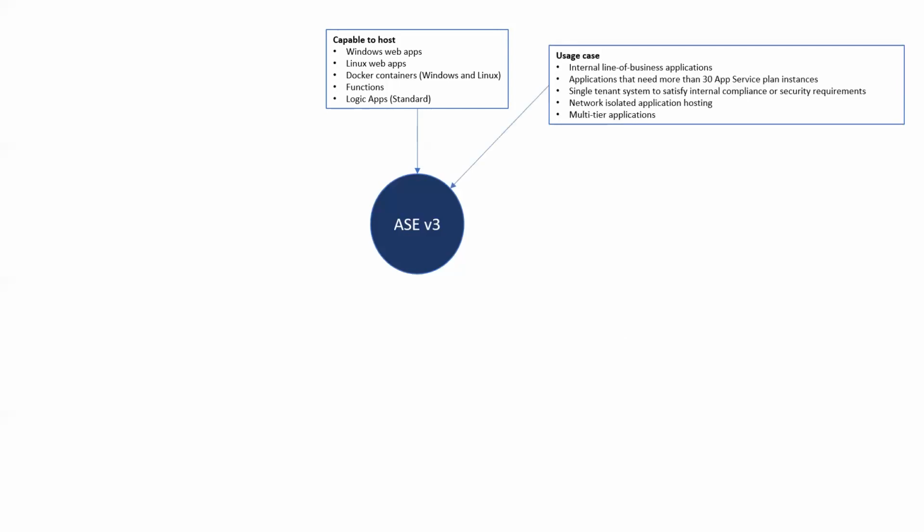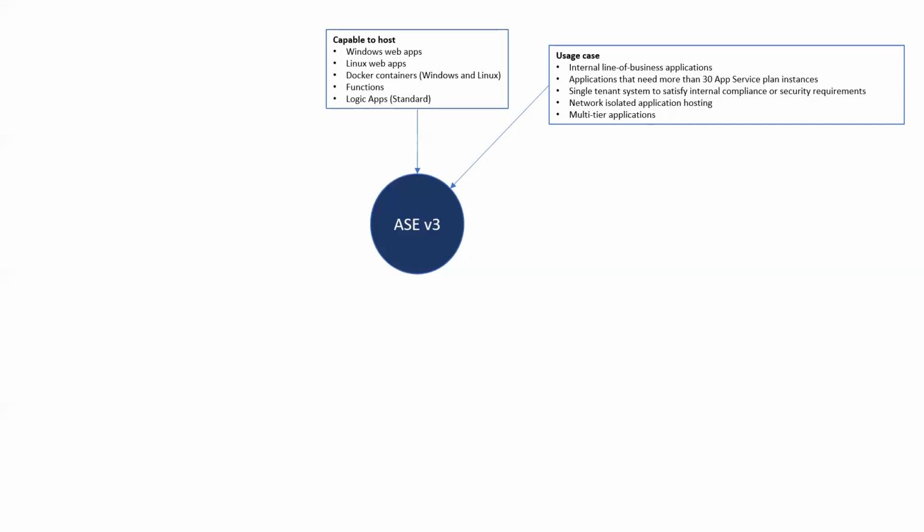The general use case is if you have mission critical applications or internal line of business applications, you can choose the App Service Environment. Selecting it means you have to take the right decision, because this is an expensive service. At the same time, this builds the foundation for your architecture.